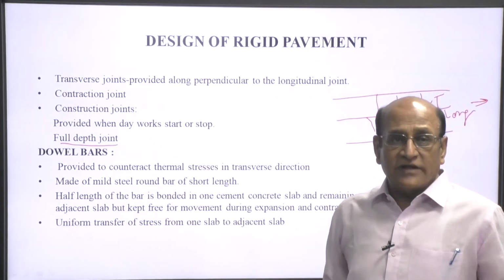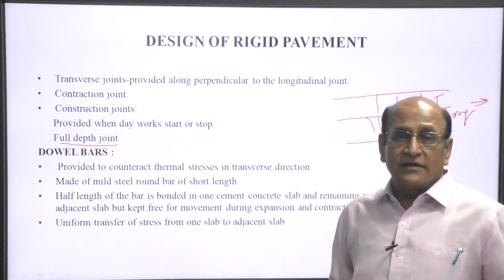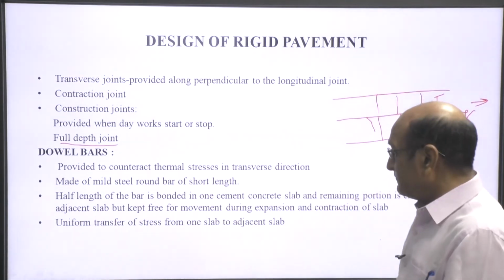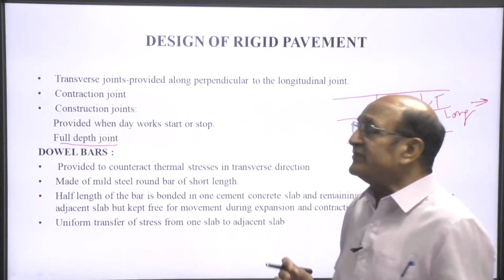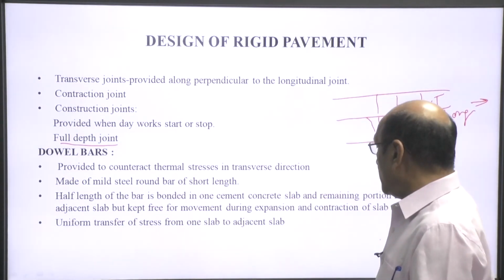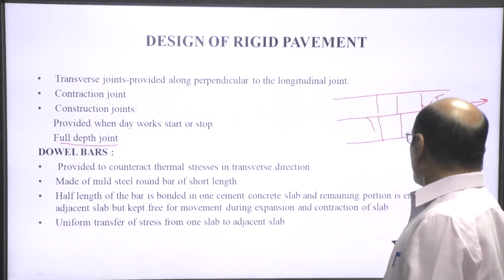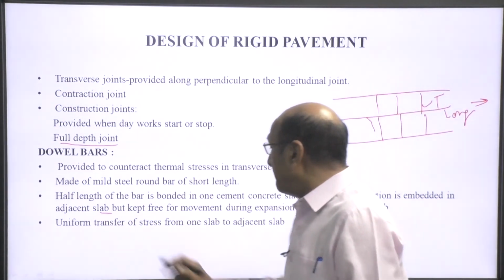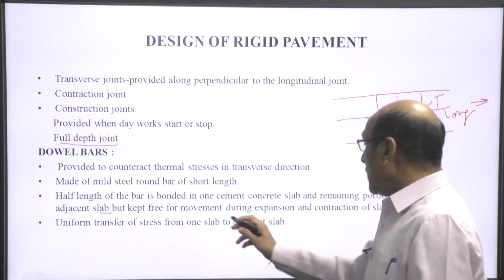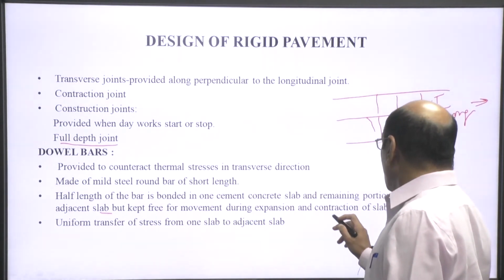Of course, the length of the dowel bars has to be designed. Half the length of the bar is bonded in one cement concrete slab and the remaining portion is embedded in the adjacent slab, but kept free for movement during the expansion and contraction of the slab.